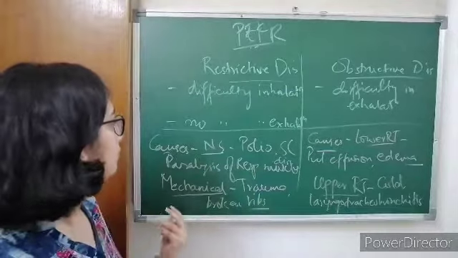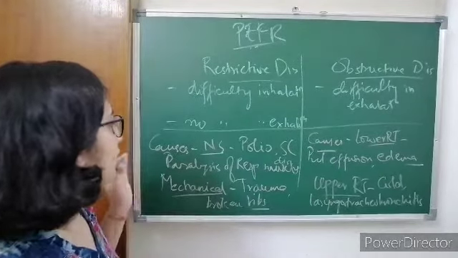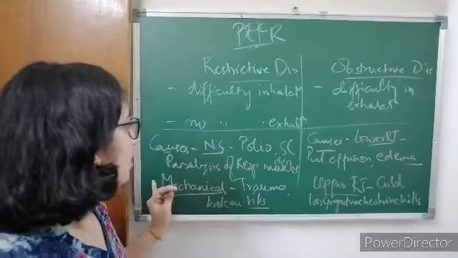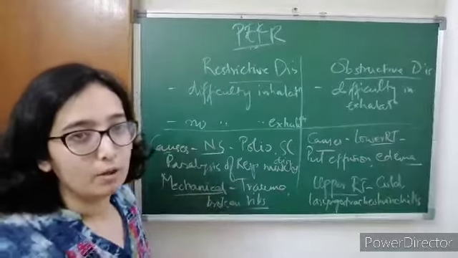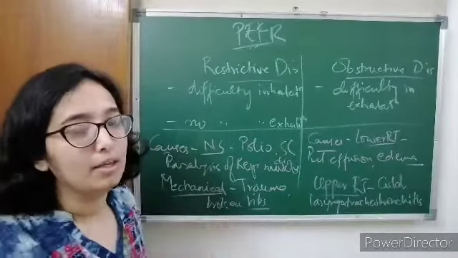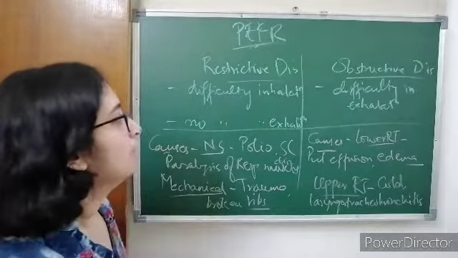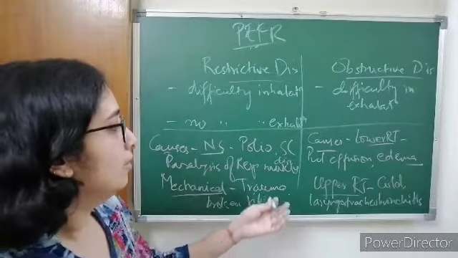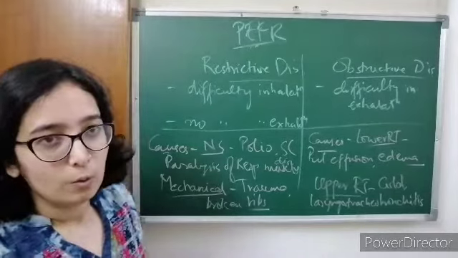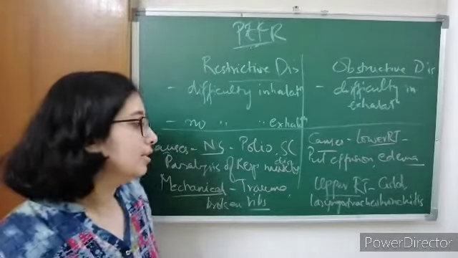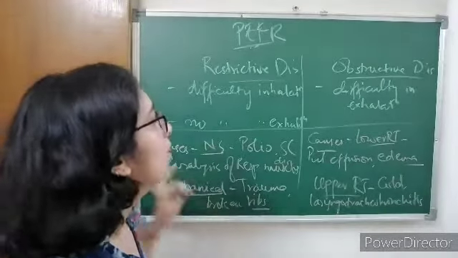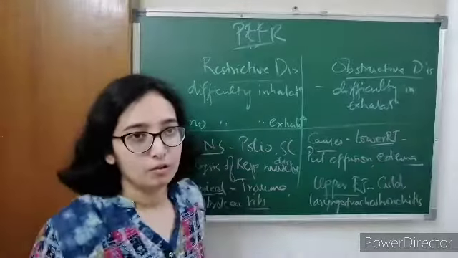The causes of restrictive can be nervous system disorders like polio, spinal cord disorders, and paralysis of respiratory muscles, and mechanical like trauma, injury, and broken ribs. Obstructive causes can be divided into upper respiratory tract causes like cold, cough, laryngotracheobronchitis, and lower respiratory like pulmonary effusion and edema. So this was the end of the chapter on pulmonary function tests.